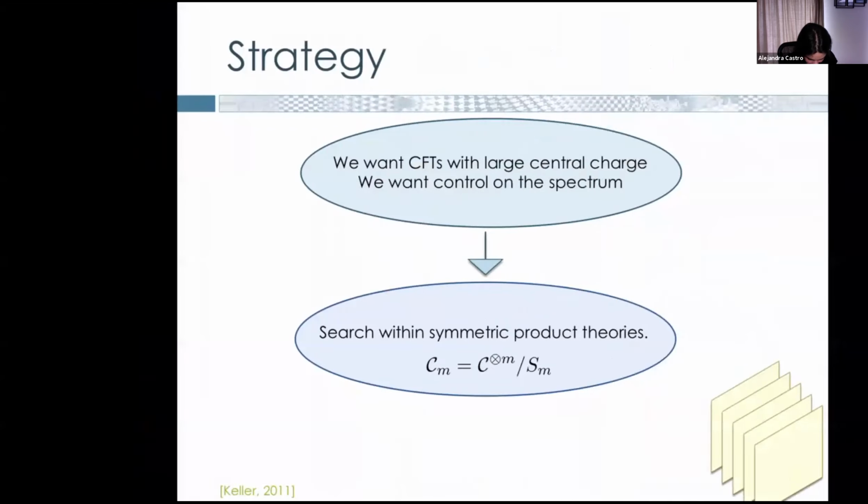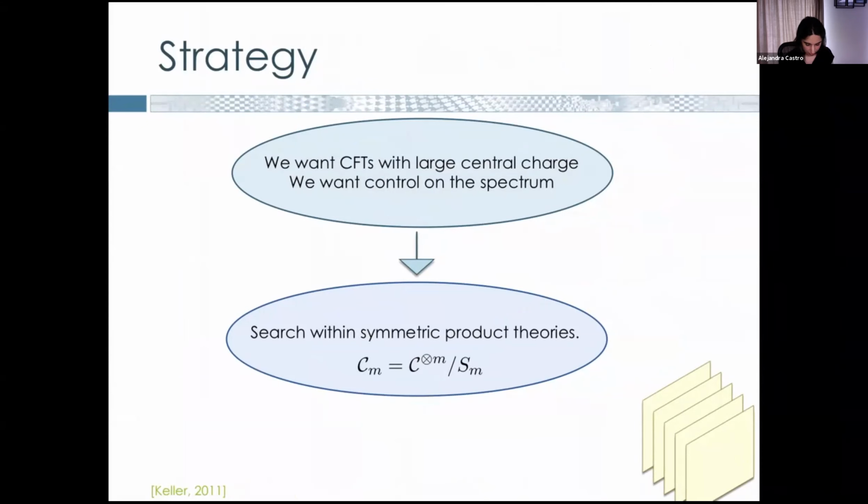Something that one of my collaborators showed a long time ago in 2011, which was not super surprising, is that all of these symmetric product theories basically have Hagedorn growth. So they're fast.